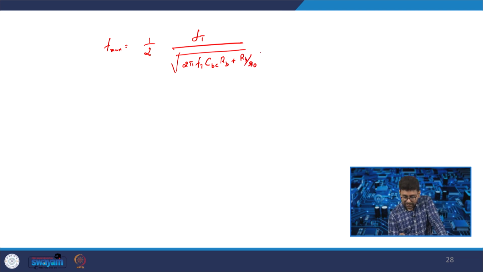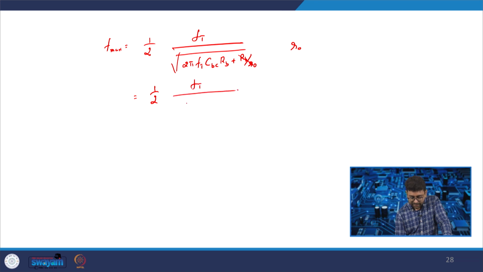But in this case RO is not there. Because this is a BJT, we can cancel this, or that RO is too high, that will reduce this term.